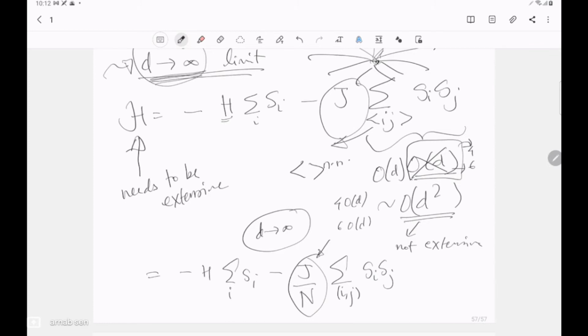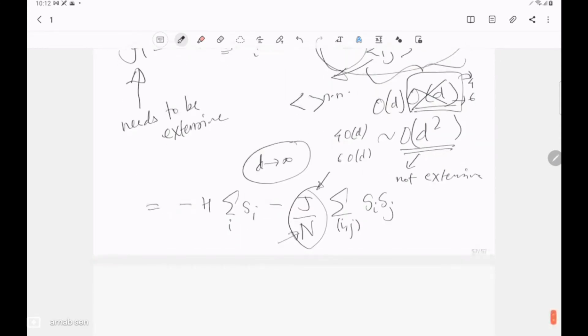But now the problem is, when you're increasing the dimension like this, the number of neighbors that you have is increasing in the same manner as the number of lattice points. You see, that is the problem. Both of them are scaling with order D. Therefore, the entire sum is scaling with order D square. So therefore, you need this normalization here. Is that clear? Okay.